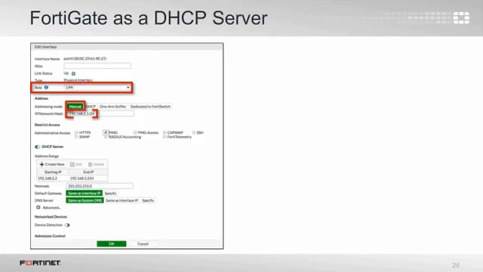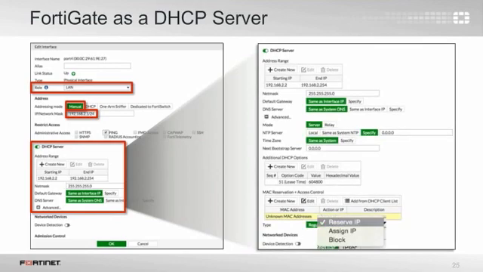Wireless clients aren't the only ones that can use FortiGate as their DHCP server. For an interface, such as port 3, select the Manual option, enter a static IP, and then enable the DHCP server option. Options for the built-in DHCP server will appear, including provisioning features such as DHCP options and MAC reservation.